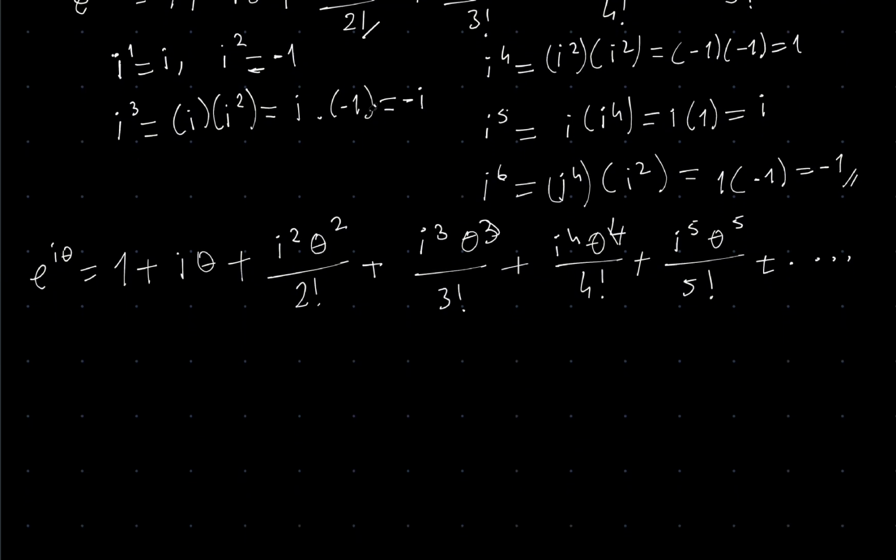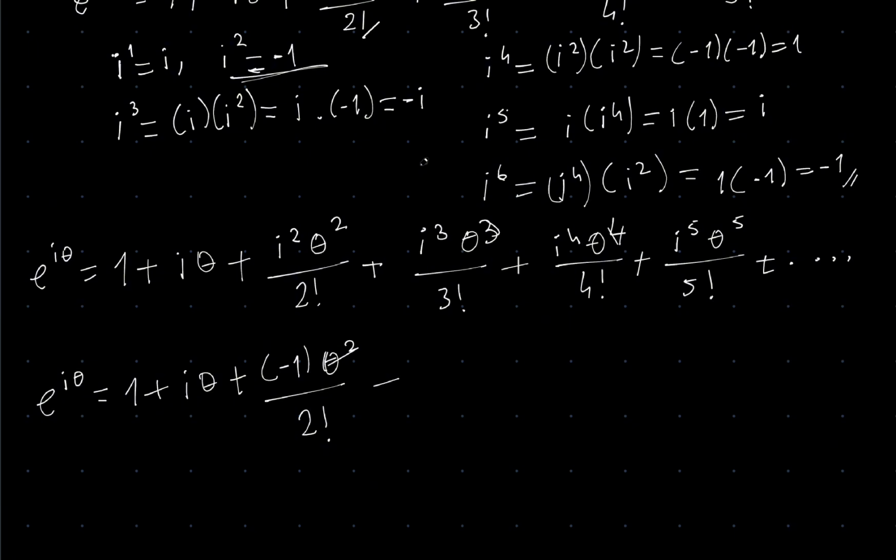So we have these values, and let's write this again using these values. e to the I times theta is equal to 1, plus I times theta. And we have I to the second power, which was equal to -1, so -1 times theta to the second power over 2 factorial.